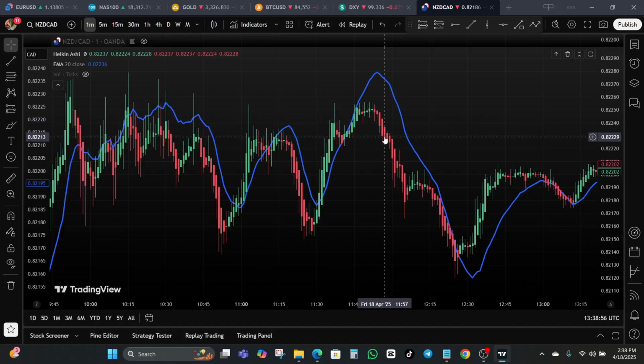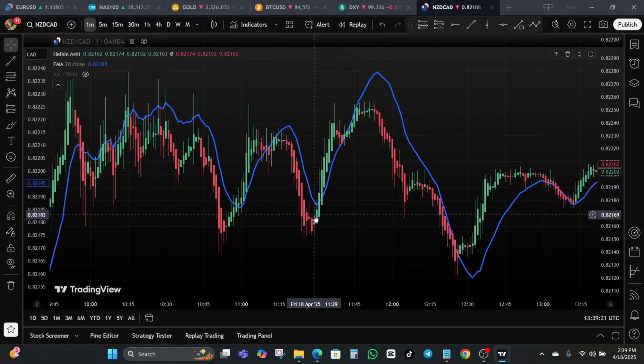If you are using RSI, you can watch for the RSI to be above the 50 level and rising for a buy trade, or below the 50 level and falling for a sell trade. This gives you structure, momentum, and confirmation. Then you can place your entry on the open of the next candle after confirmation.